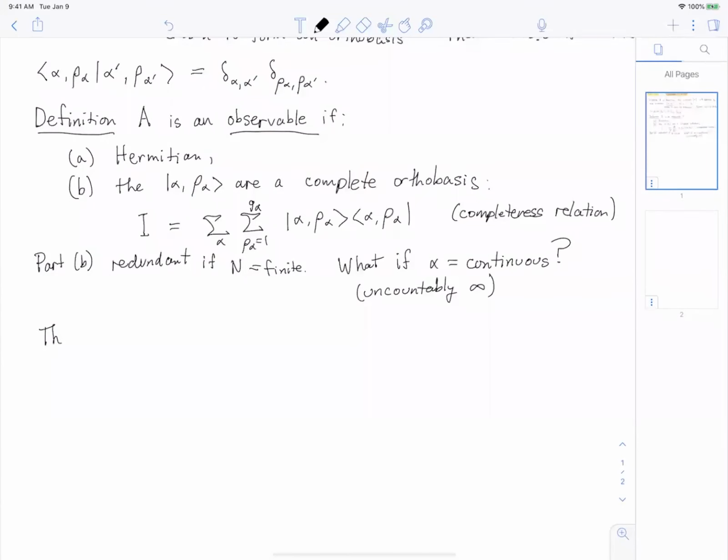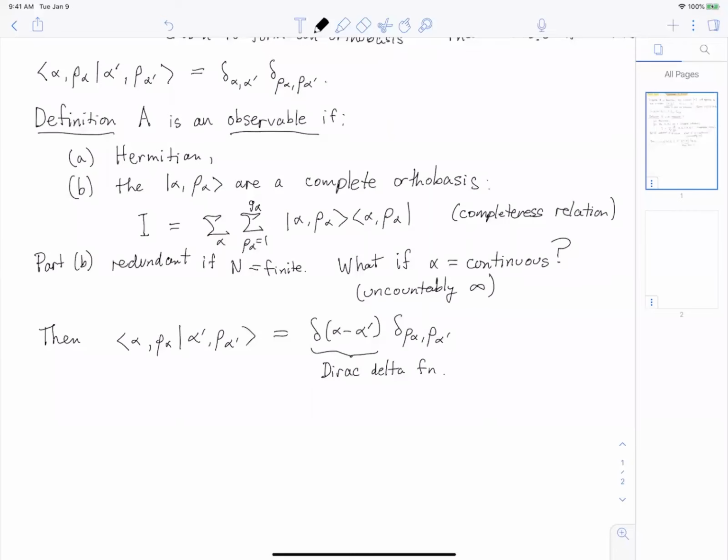Then what we're going to do instead is say the inner product of a state with another one that are both eigenstates of our observable A is instead going to be the Dirac delta function instead of the Kronecker delta: delta of alpha minus alpha prime, delta rho sub alpha rho sub alpha prime. Okay, so this is the Dirac delta function, which you've hopefully seen before. We will talk about it later in the lecture. If you haven't, we'll introduce it formally.